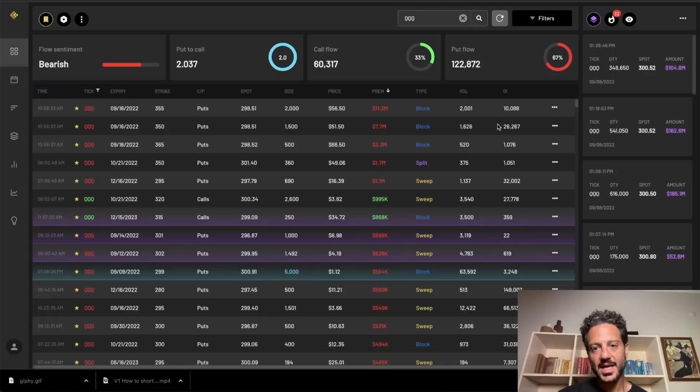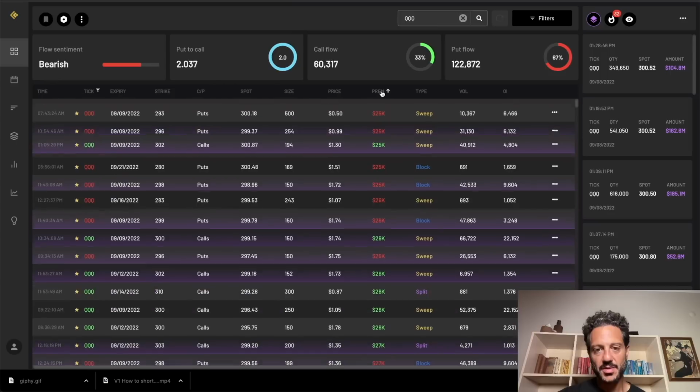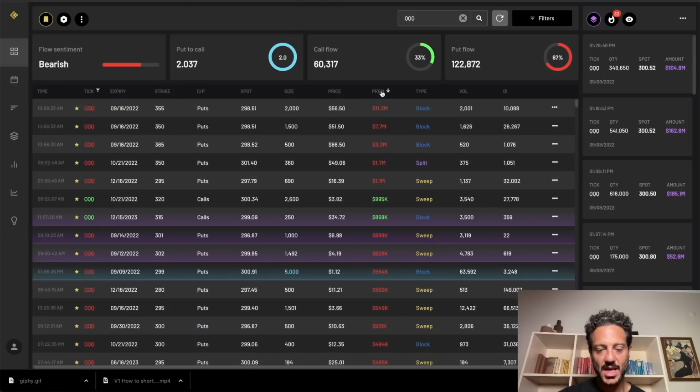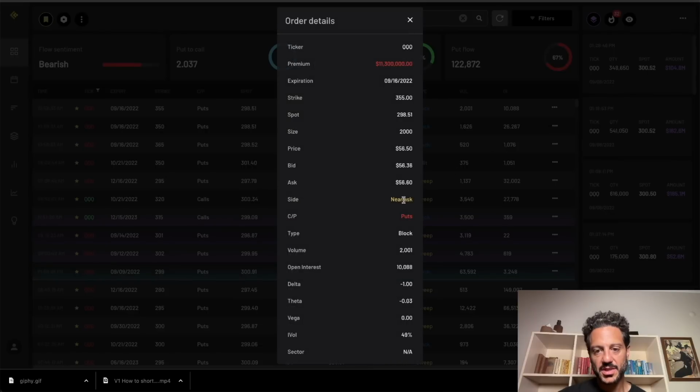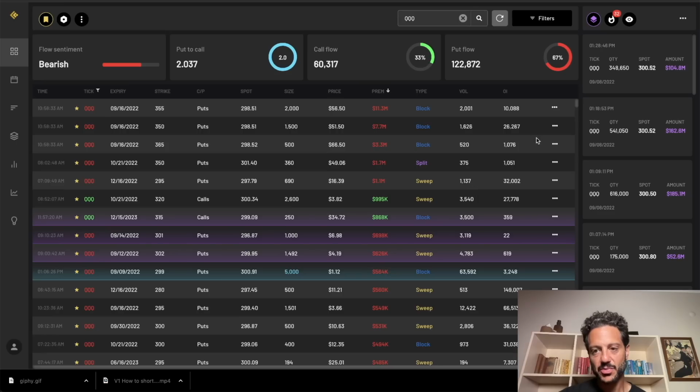And if we take a look at the Nasdaq, it is even more shorted than the S&P 500, almost 70 to 30. And if we take a look at the premiums here, there is just some insane sell side premium on the Nasdaq. We had one big order block coming in for 11.3 million in puts, and if you take a look at the order details, you'll see that it was near the ask price.